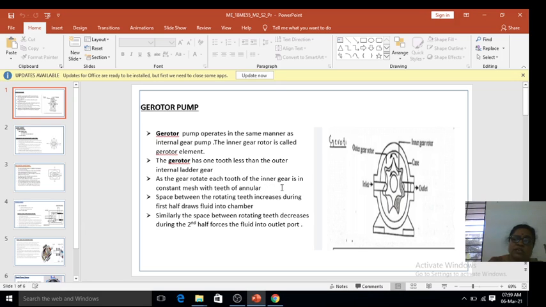As the gear rotates, each tooth of the inner gear is in constant mesh with the teeth of the annular gear. The space between the rotating teeth increases during the first half, making the fluid enter the chamber. Similarly, the space decreases during the second half, which forces the fluid into the outlet.